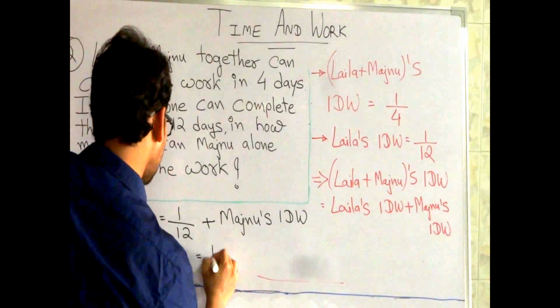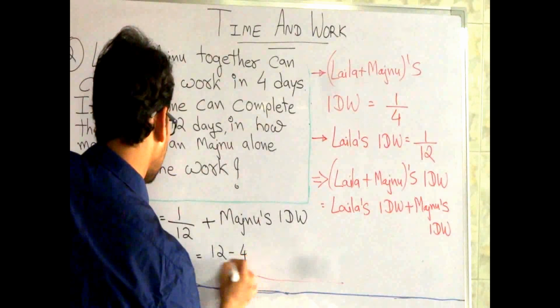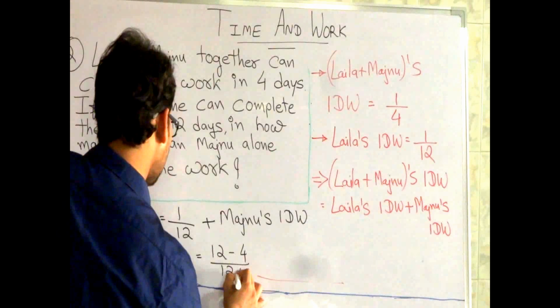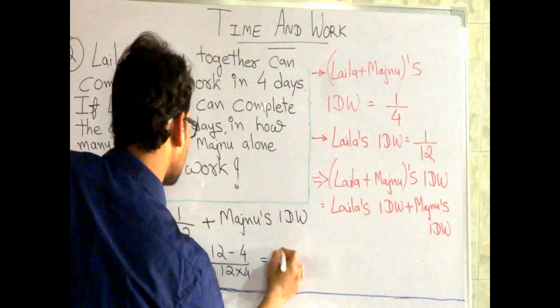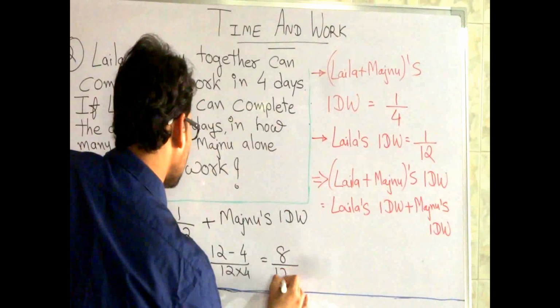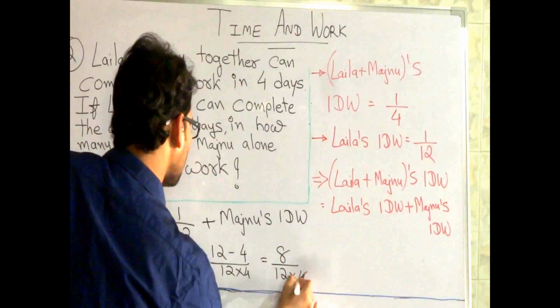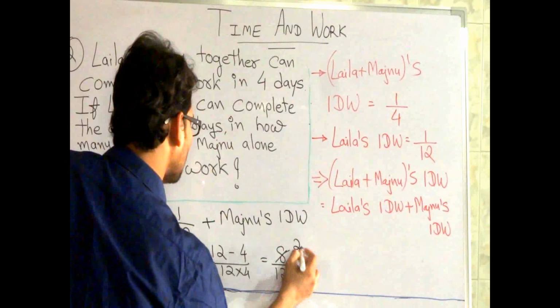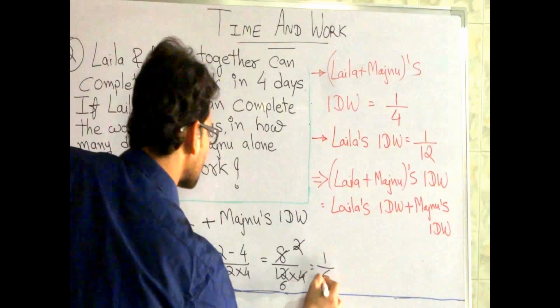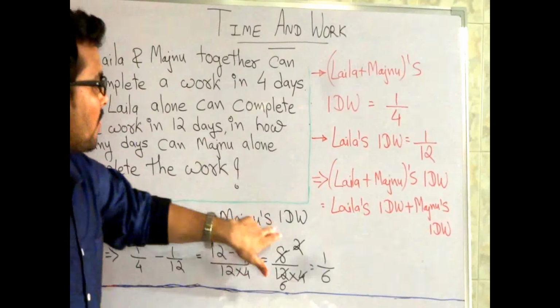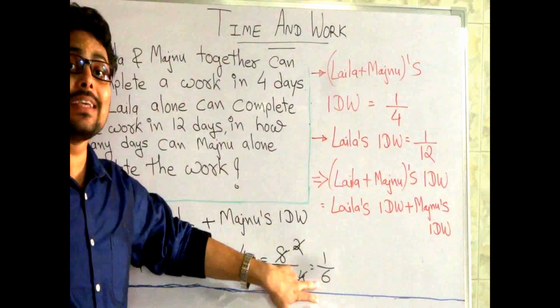So what will it be? 12 minus 4 divided by 12 by 4, so 8 by 12 by 4, 2 and 6, 1 by 6. So Majnu's one day work is 1 by 6.